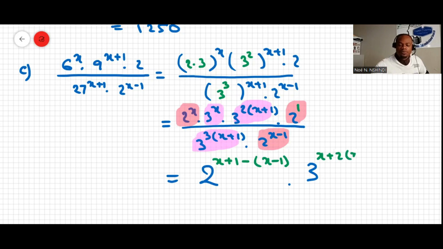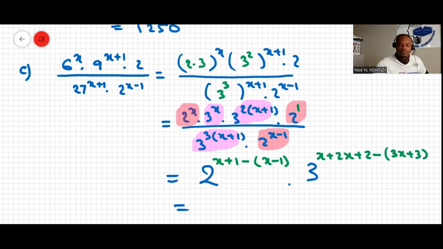Okay, that makes 2x plus 2, and then minus, at the denominator, it's going to be open bracket, that makes 3x plus 3, okay, minus 1 at the denominator. And that's all. So now let's continue.